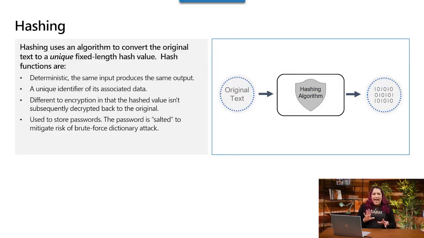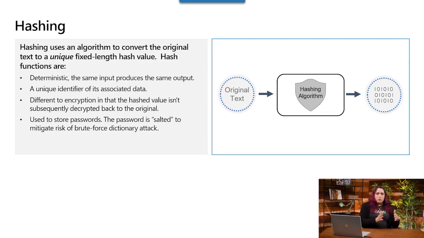Now, there's another form of protection called hashing. A lot of folks get hashing and encryption confused. Hashing doesn't use a key. Instead, we have an algorithm that takes the original data and converts it into a unique fixed value. So if you enter the same data using that same hashing algorithm, you get the same identifier, and that's ultimately what's produced.